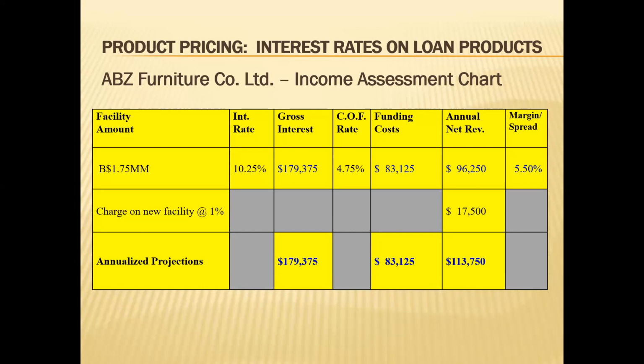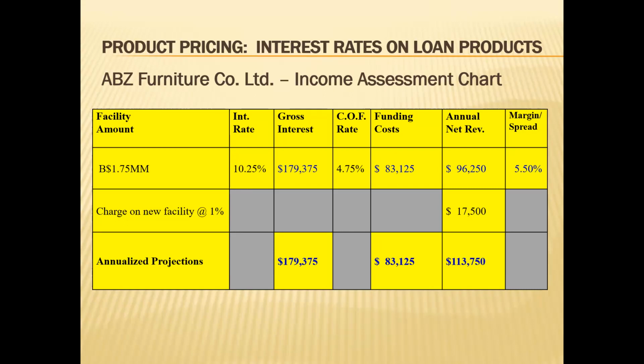Now, if it's a really good client and you don't want to lose them, and you get the feeling that they're probably shopping around, then you may reduce it to 9.5 and leave everything as it is.